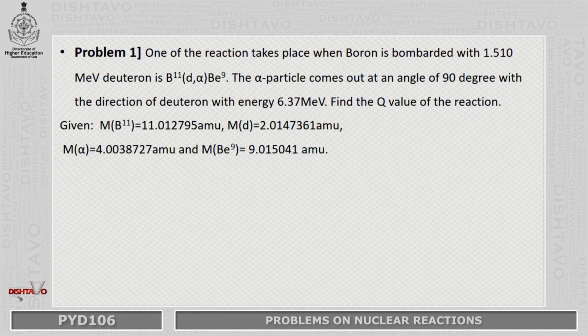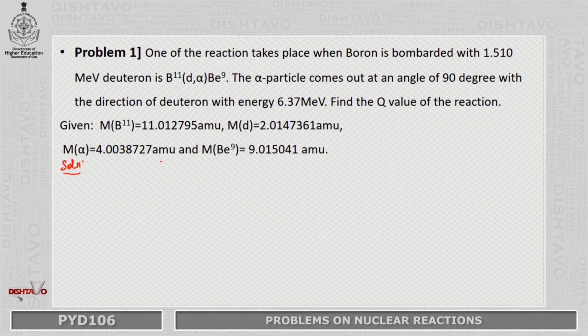The alpha particle comes out at an angle of 90 degrees with the direction of the deuteron with energy 6.37 mega electron volts. Find the Q value of the reaction. What is given is the mass of the boron nuclei, mass of the deuteron nuclei, mass of the alpha particle, and mass of the barium nucleus. Okay, so let us start with this.